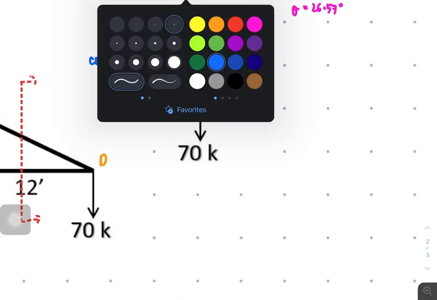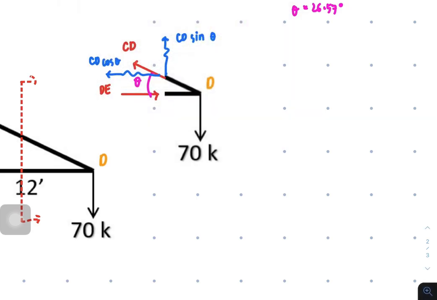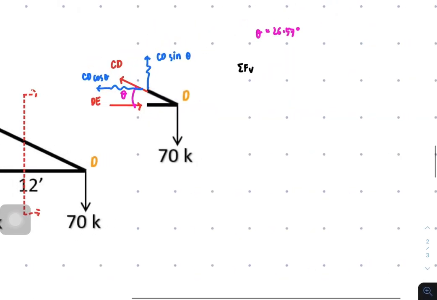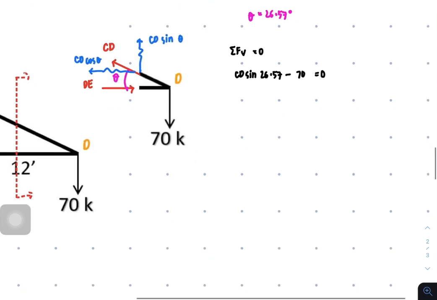So we can now solve for CD and DE by using the summation of forces vertical equal to 0. So you have CD sine of theta 26.57, then minus 70 equal to 0. Then CD is equal to, transposing 70 to the other side, positive 70 over sine of 26.57.